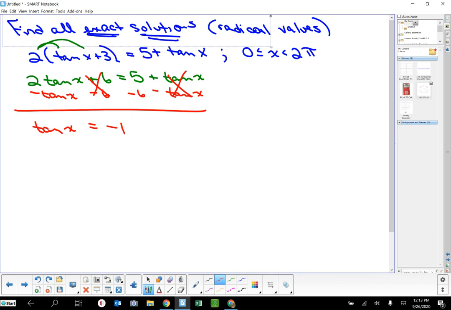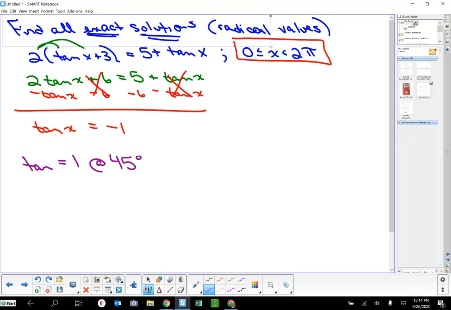All right, well, you're solved, right? This is now solved. And we are looking for where this happens in one rotation. Now, if you really know your unit circle, you know that tangent equals 1 at 45 degrees.